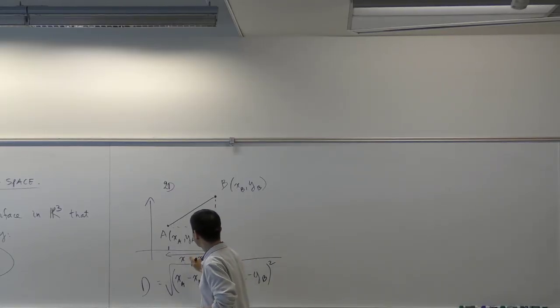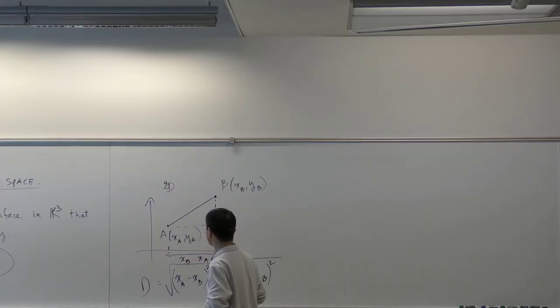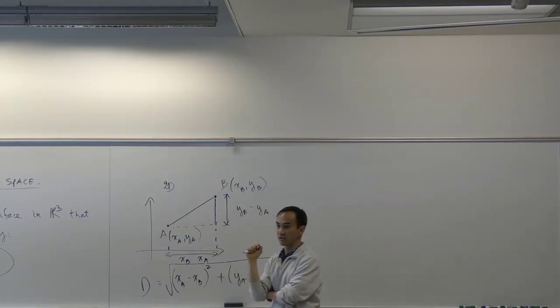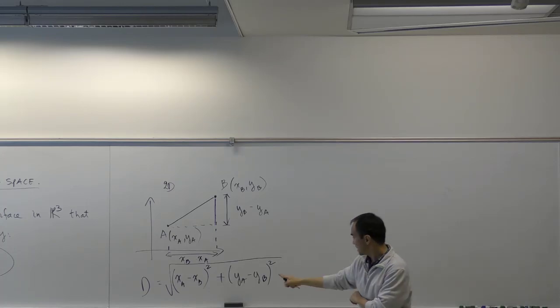If we're looking from left to right, it should be XB minus XA, which shouldn't matter really. And then this distance right here is YB minus YA, the change in Y coordinates. That's why we've got these two differences.